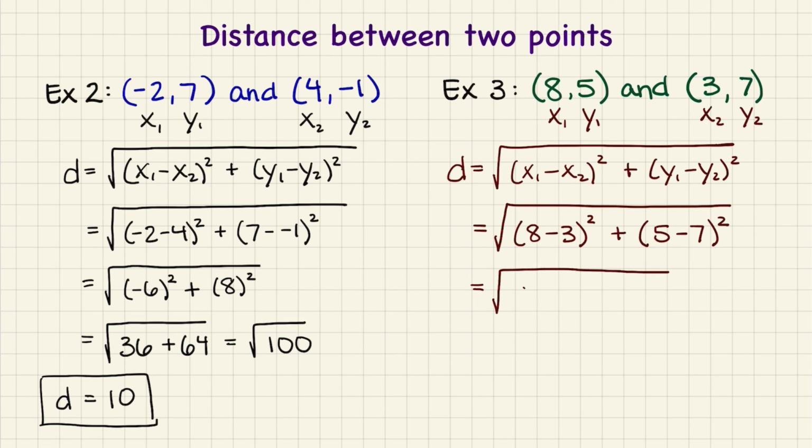8 minus 3 is 5 squared plus 5 minus 7 is 2 squared.